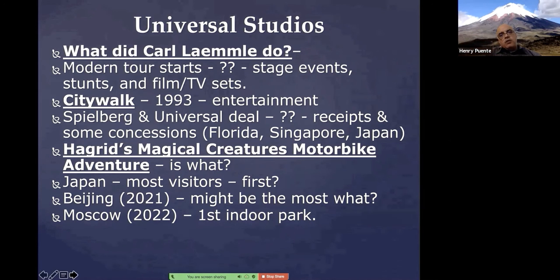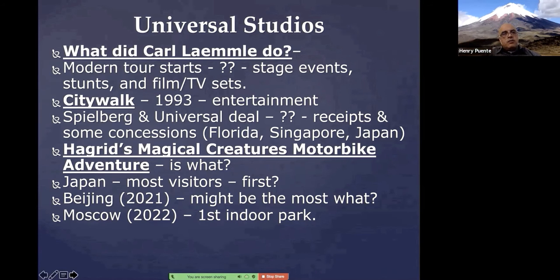So he really was the person who created the studio tour, and he used to charge, I believe, a quarter so you could watch silent film productions. He would charge people a little bit of money, and they would walk around backstage and watch how films were being produced.